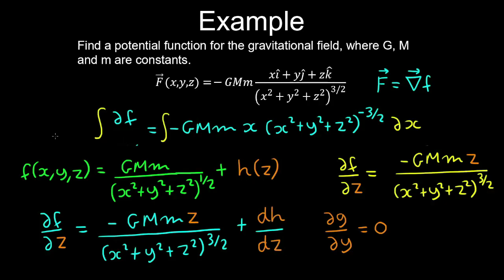And again, if we equate these two expressions, we get dh/dz is equal to 0. So therefore h is not a function of z, and is thereby a constant. And because we're looking for a potential function, we can just ignore the constant, because that represents an infinite number of possible potential functions.